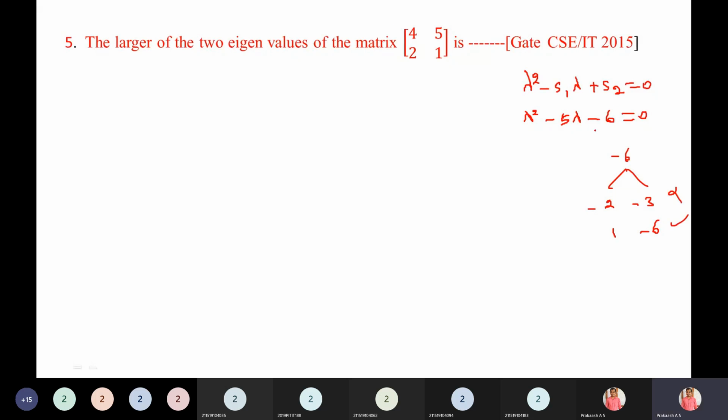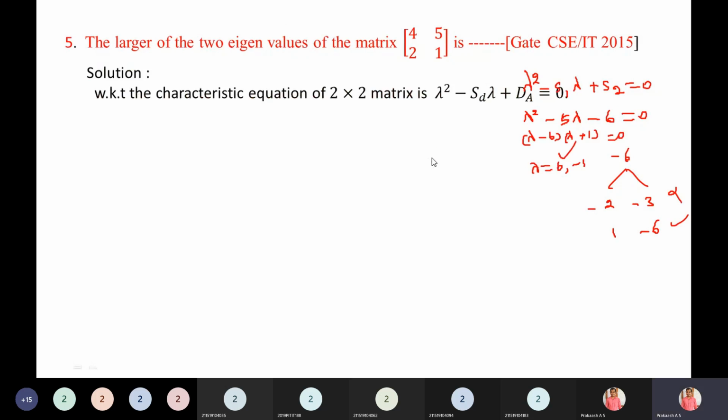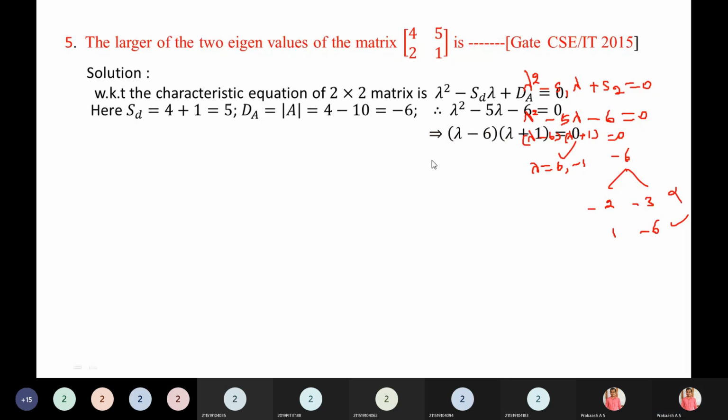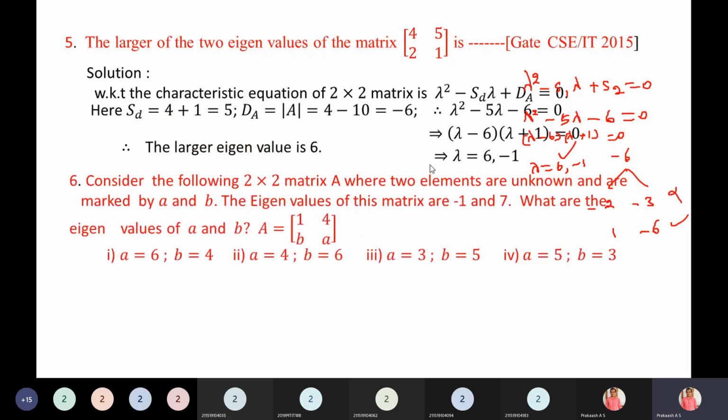So (lambda minus 6)(lambda plus 1) equal to 0, that is lambda equal to 6, minus 1. Out of this, 6 is the largest one, so the largest eigenvalue is 6.